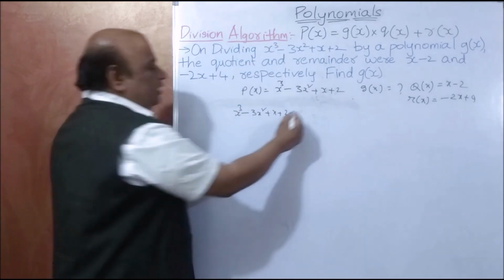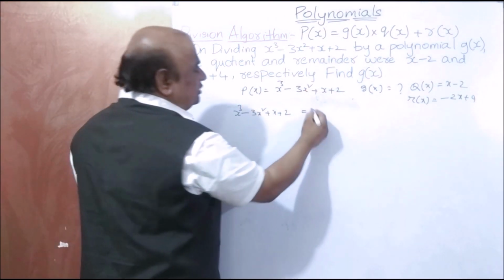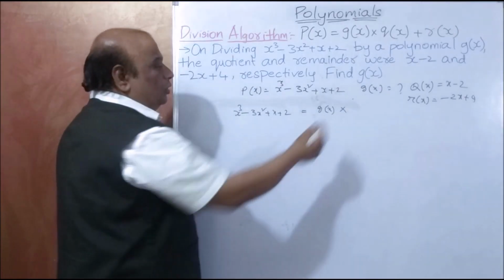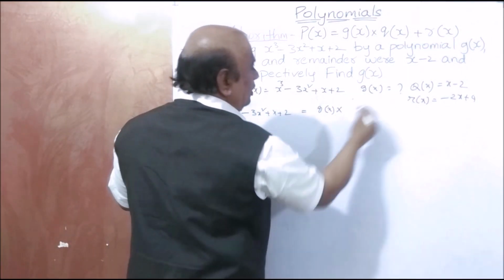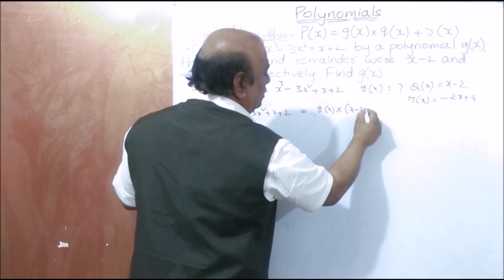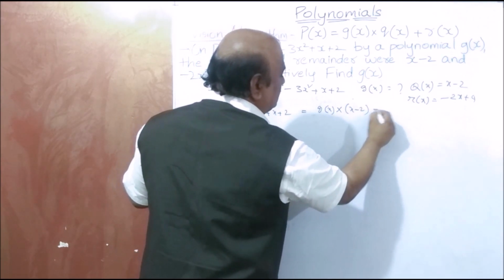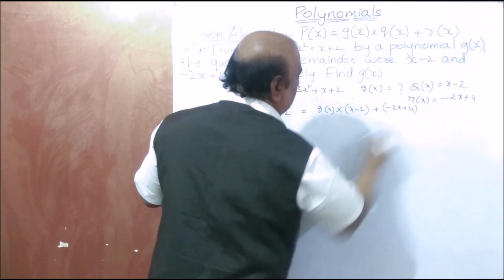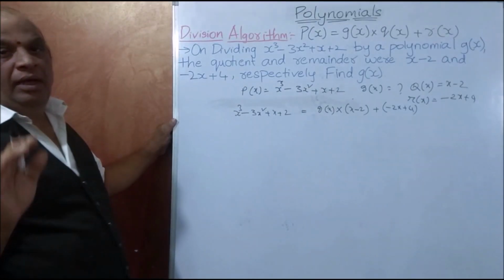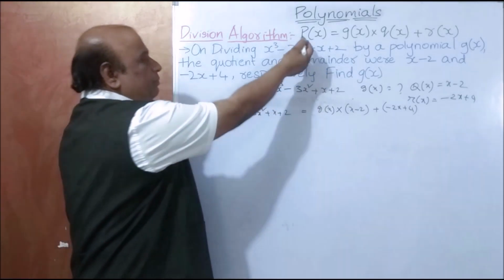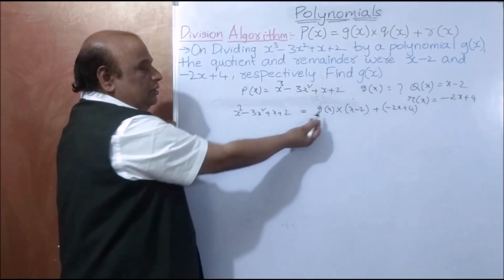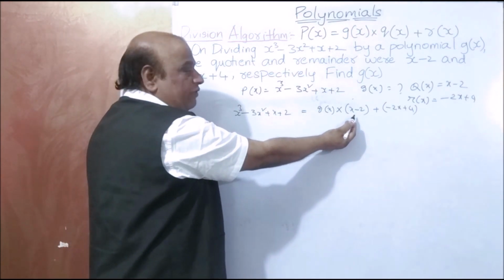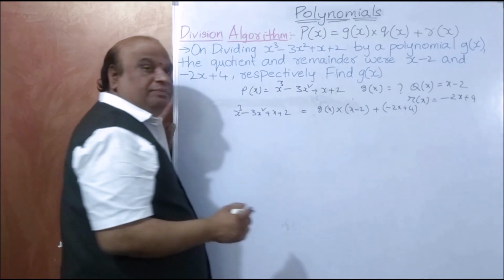P of x is equal to g of x, which we don't know, into q of x, x minus 2, plus r of x, minus 2x plus 4. I substitute these values. P of x is given, g of x not given, q of x is given and r of x is given.